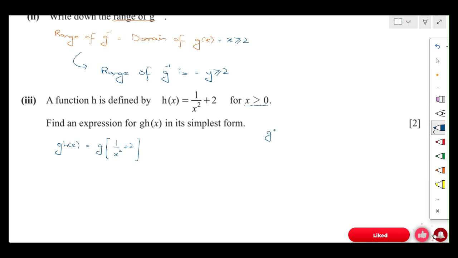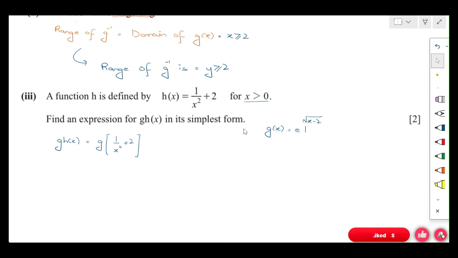So let me write down g of x over here: e to the power root of x minus 2. Now in g, this whole thing is x, so you have to replace everything over here, right?